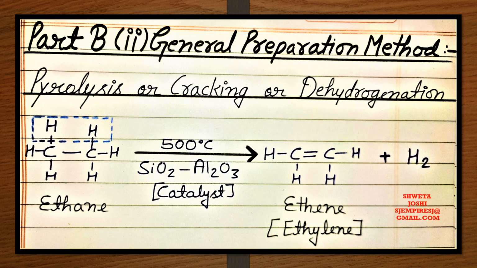So after removal of hydrogen molecule, that is H2 from ethane, we will obtain our main product, that is ethene. Ethene is commonly known as ethylene. Its formula is C2H4.